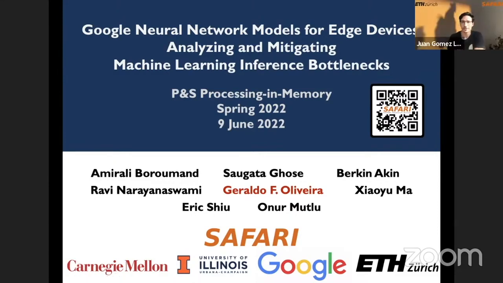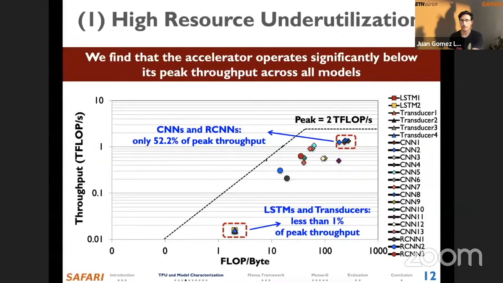However, I would like to ask you a couple of questions that came to my mind while I was listening to you. The first one relates to the roofline models that you presented. It's a pretty simple question. There is a single dot per neural network model, right? Yes.